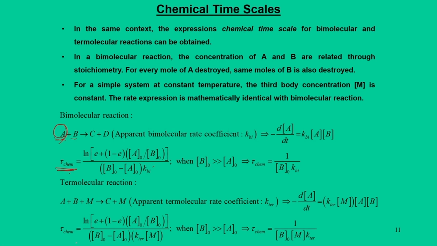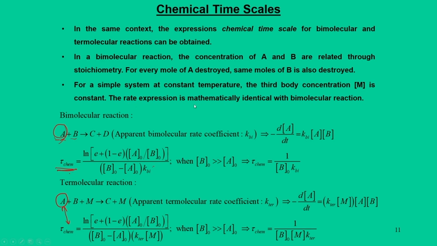Similarly, if the reaction is termolecular, then we also need to find out the first term, that is species A, and this refers to the characteristic time scale for the species A. So, for a simple system at constant temperature, the third body concentration M is constant.